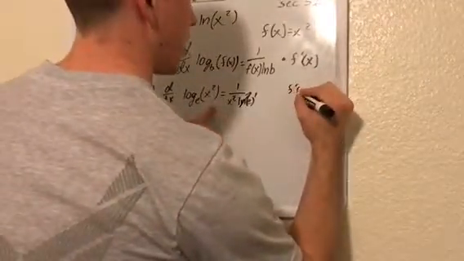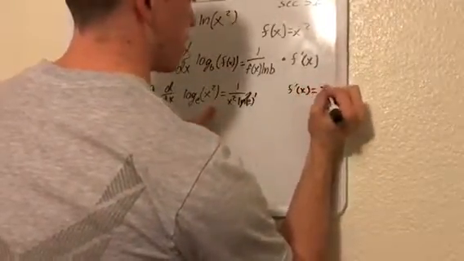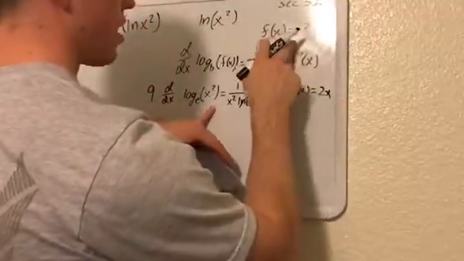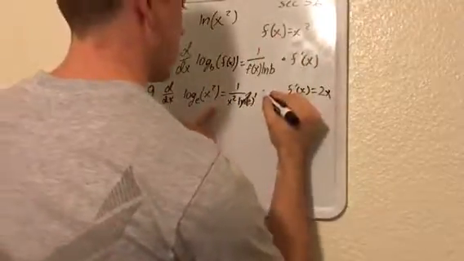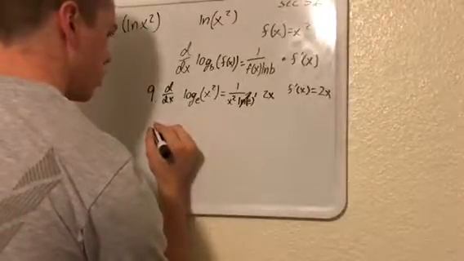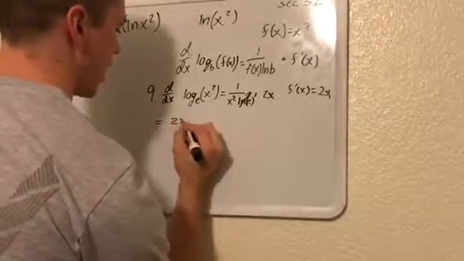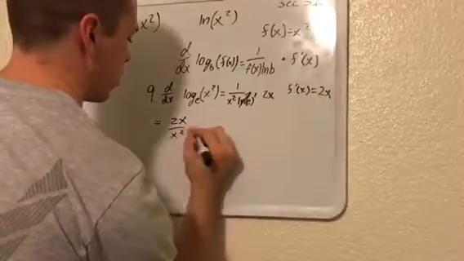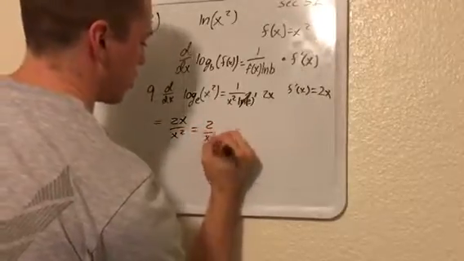So f prime of x is going to equal 2x, since f of x is equal to x squared, so times 2x. This would simplify to equal 2x over x squared, or 2 over x.